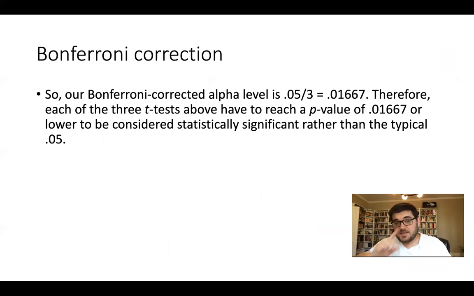There are multiple ways to do a correction. You're trying to cut down on the probability of making a type 1 error. Probably the simplest way to do it is the Bonferroni correction. But whichever correction you end up doing, they all do some form or other of the following.